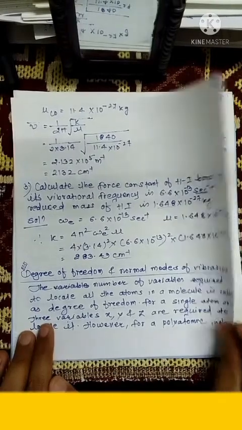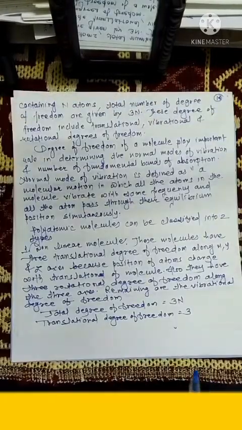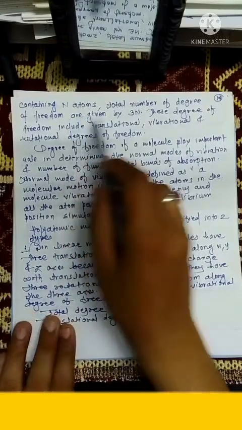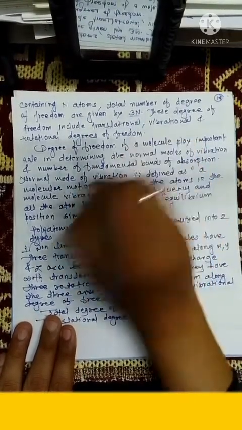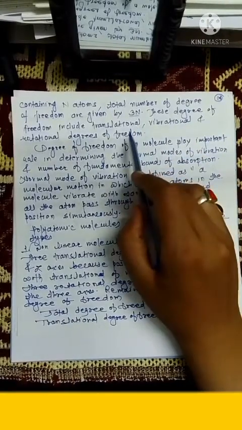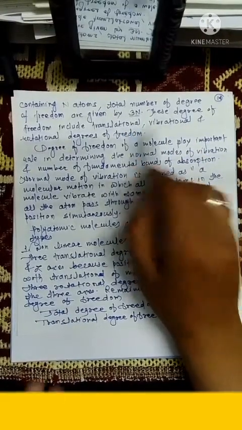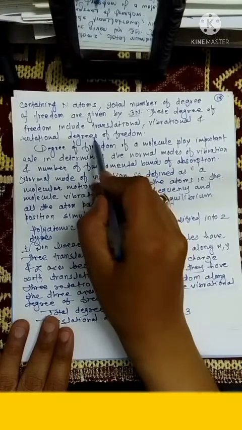However, for a polyatomic molecule containing n atoms, total number of degrees of freedom is given by thrice n. This degree of freedom includes translational, vibrational and rotational degrees of freedom.